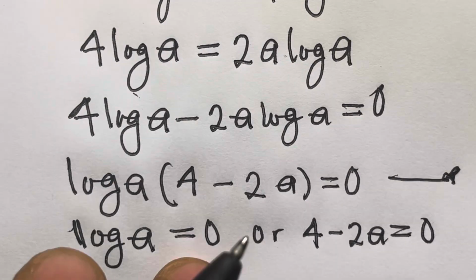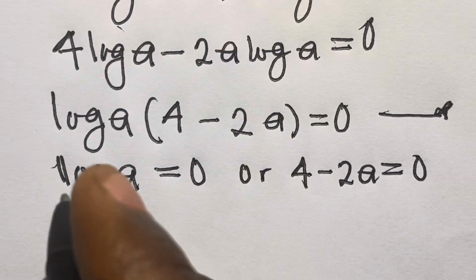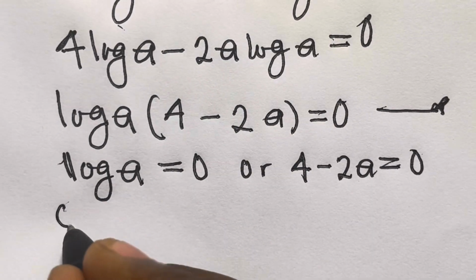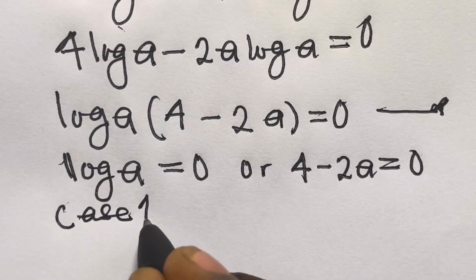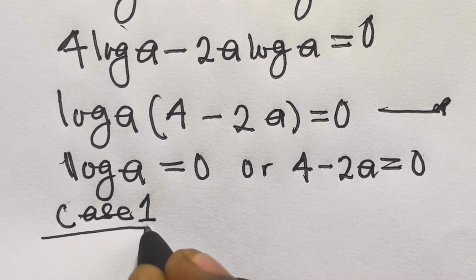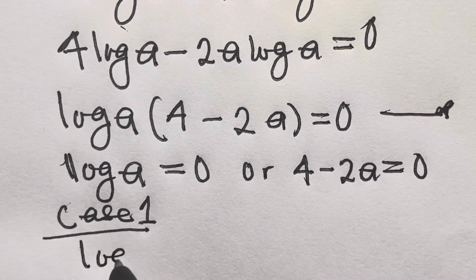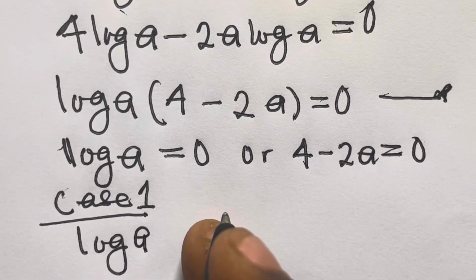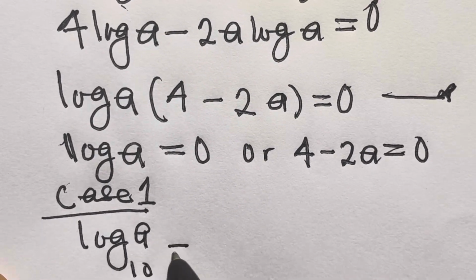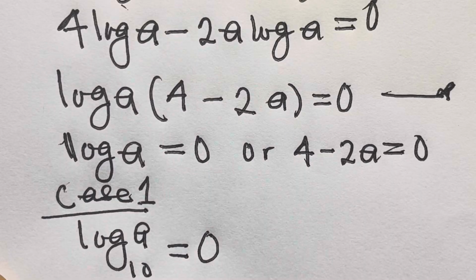So let's just take the first case. Case 1. If we choose case 1, we have log a, that is in base what? In base 10, equals 0.